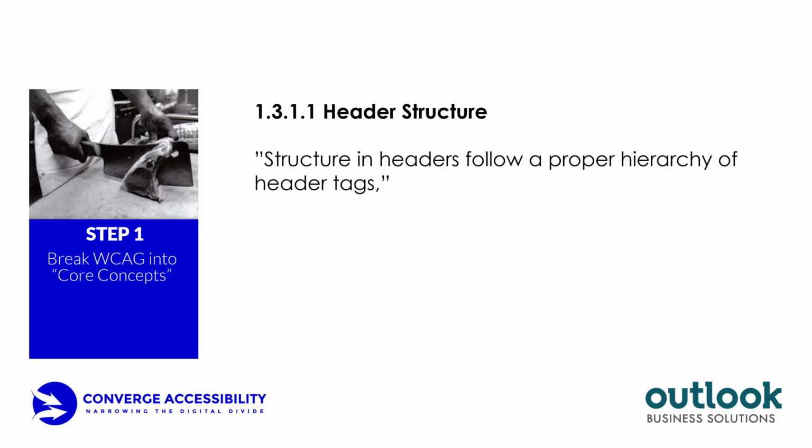One example of this is our core concept 1.3.1.1 header structure, which reads simply as: structure and headers follow a proper hierarchy of header tags. This is just one facet or nugget of information contained in the WCAG success criterion 1.3.1. And this is what we mean by breaking down the WCAG success criteria into understandable core concepts.